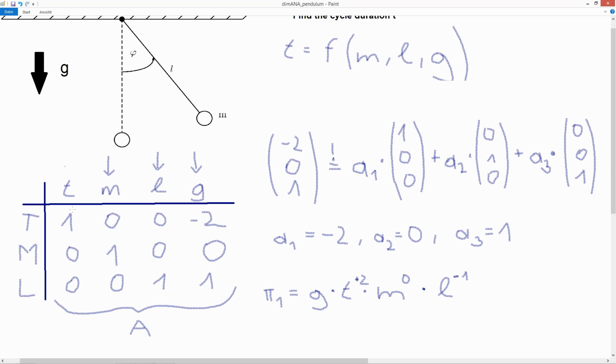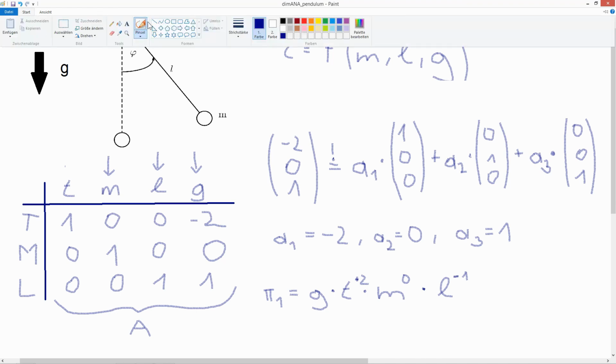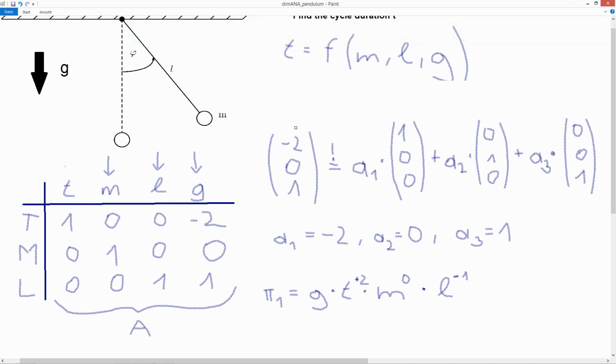Then we have to write the remaining column, this time the column with T, as a linear combination of these picked columns here. So let's change this so it fits. So this time we have to write the column with t as a linear combination.